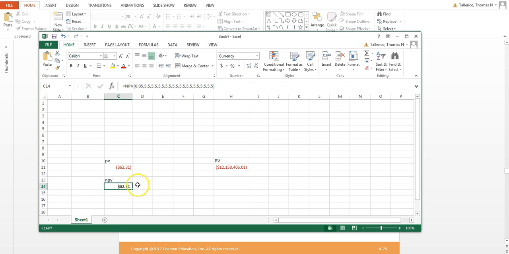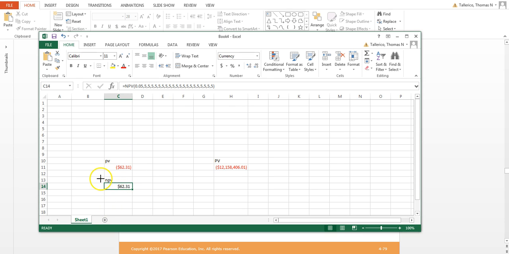So here they have to make this positive and then subtract off the initial investment. If this was left as negative, then you would have a problem with the fact that you would have two numbers that were negative being subtracted.